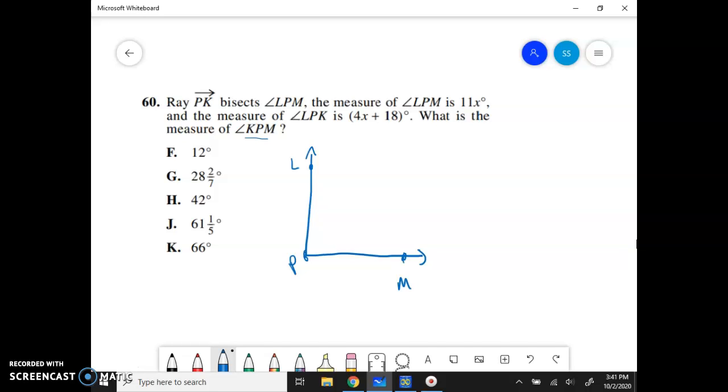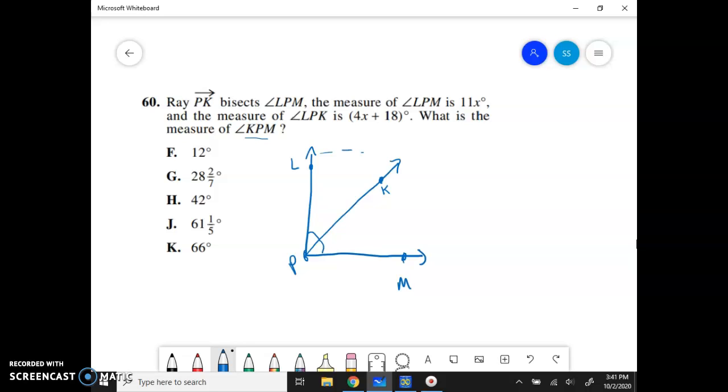Okay, but it says PK bisects, so I know by the definition of bisect that it means this cuts it into two congruent or equal angles, right? This angle here, LPK, and KPM are going to be the same. And that's really the key here. It does say that LPM, so that's the whole thing, right?